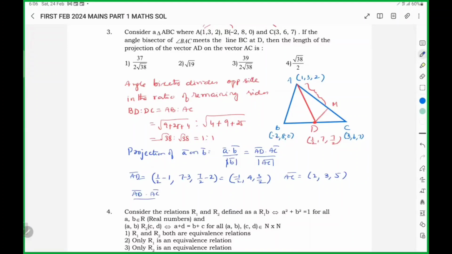AD dot AC by mod AC. So here minus of 2 into 2, 4 into 3, 12, 15 by 2, whole divided by root of AC, 4 plus 9 plus 25.